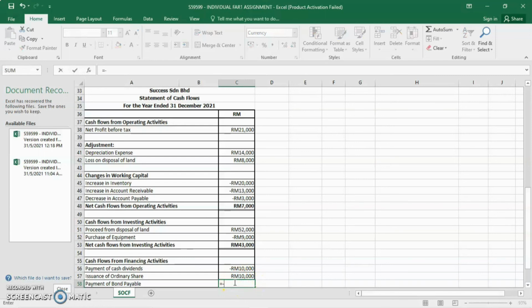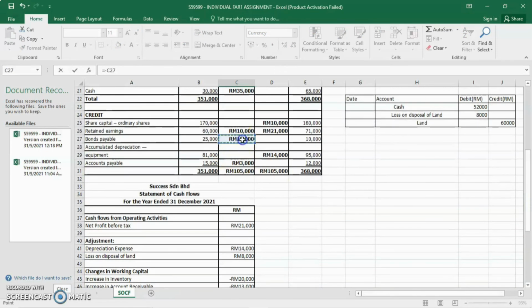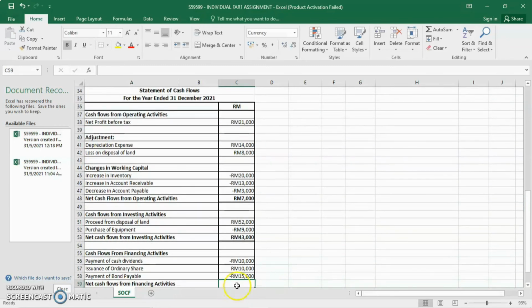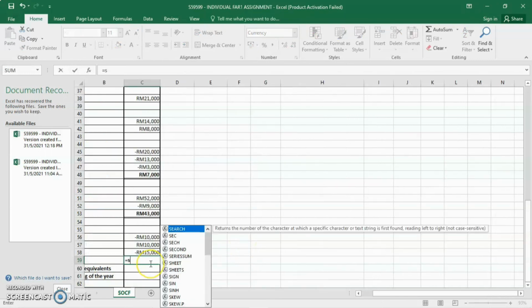Payment of bond payable, we must minus 15,000 because when payment of bond payable, the company reduce cash, so cash outflow. It means we must do minus 15,000. To get net cash flow from financing activity, we must sum all of this.